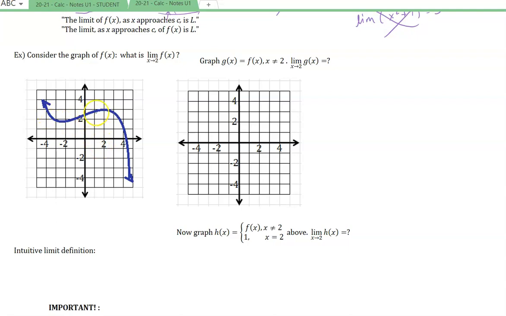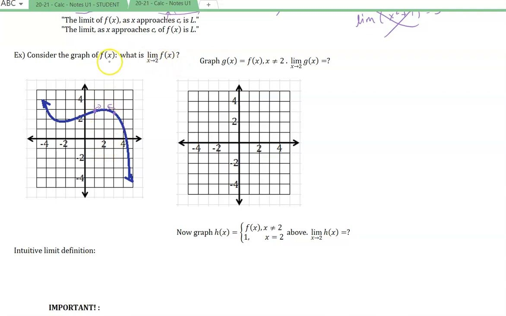Remember, every point has an x and a y coordinate. So at this point right here we have an x coordinate of 1. This ordered pair right here, x coordinate of 3.